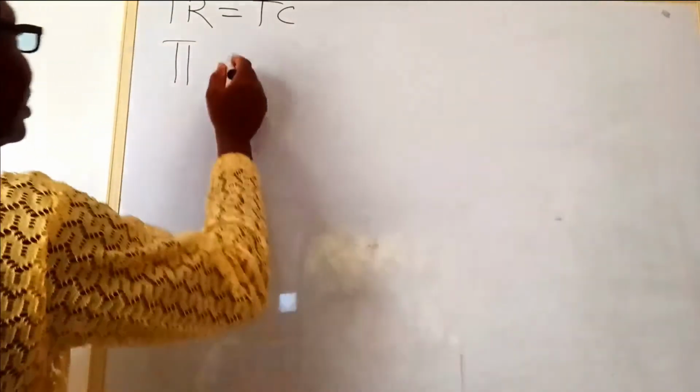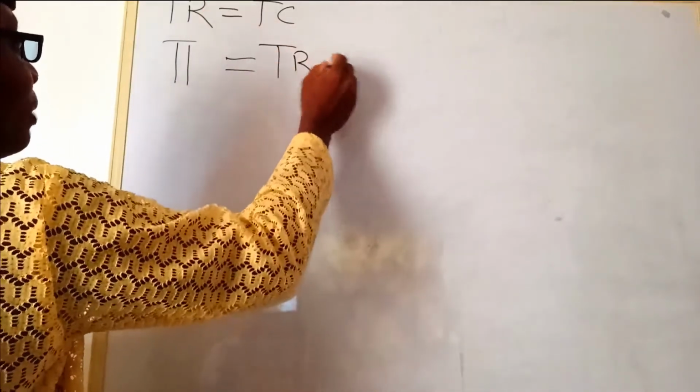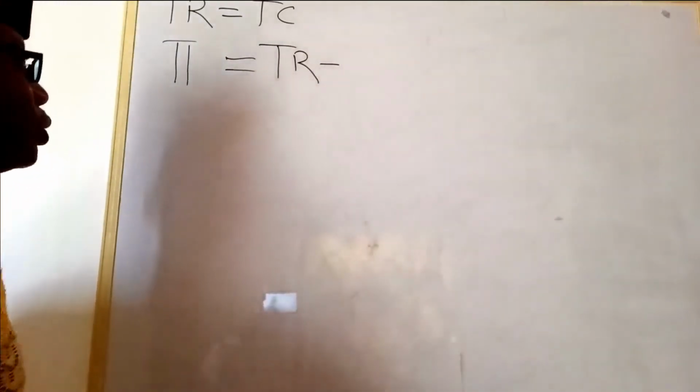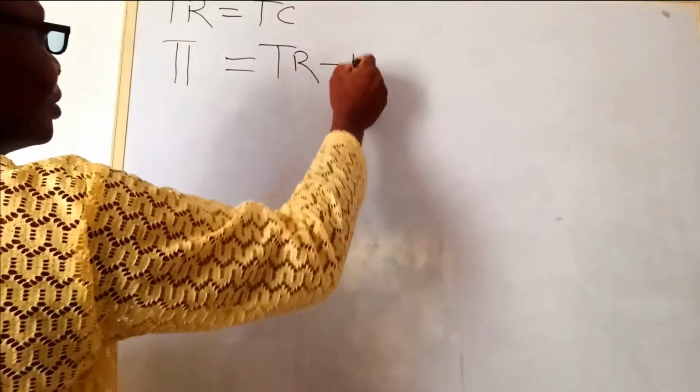And profit is the symbol for profit. Every layman should know this. Profit equals the total sales you made, which in this case is total revenue, TR, minus the cost it took you to produce what you sold. That is TC, total cost.